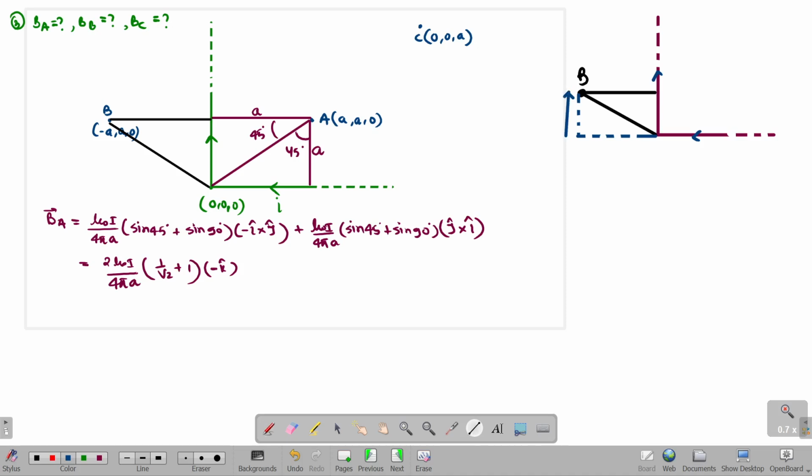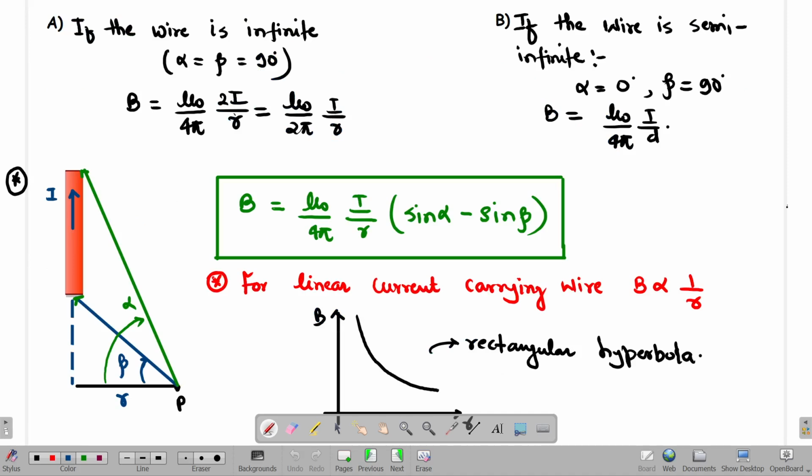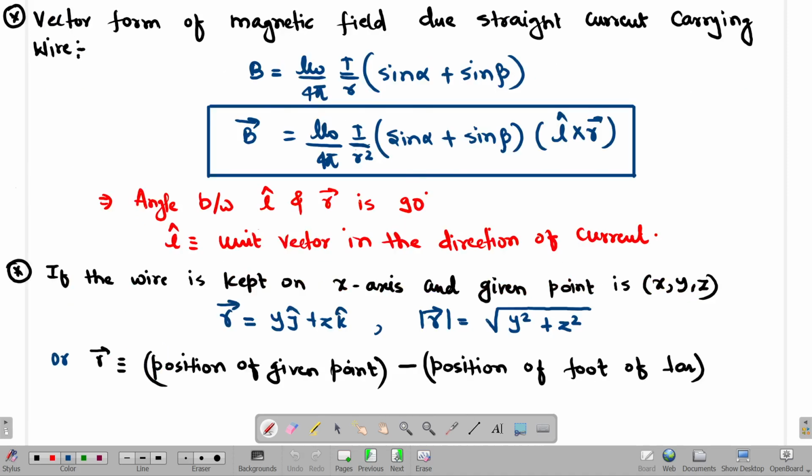Okay, now you can hear me. So this length is A, isn't it? And if this is 45, then this angle is also how much? 45. So for this particular wire, one angle is definitely 45, and another angle is 90 degrees, or not? Because it is following this kind of appearance, or not?